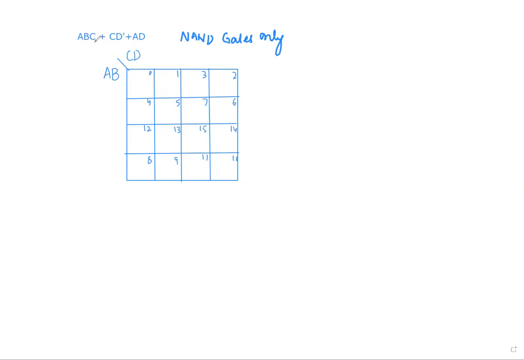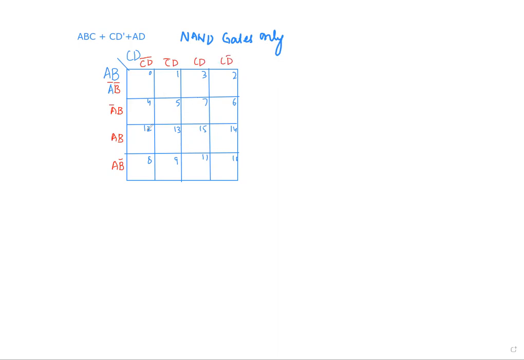Now, how to fill it? Either you can fill it directly, but that is rather a tedious task, because you have to write A bar B bar, A bar B, AB, AB bar, and similarly C bar D bar, C bar D, CD, and CD bar.